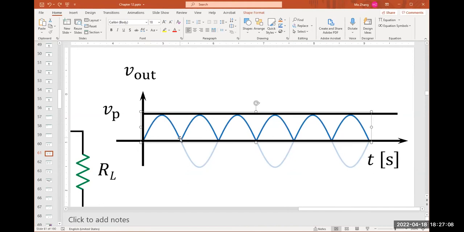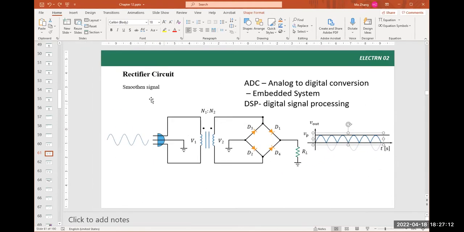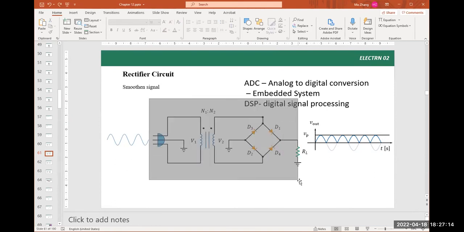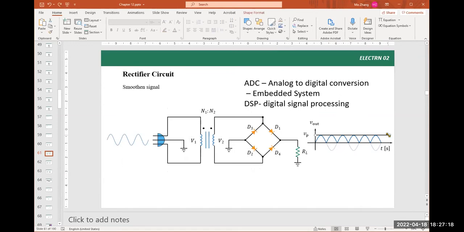It goes up to 0, goes up. So this is what this circuit does. However, our expected output is this horizontal line, right? These bumpers, the small hills waveform and the horizontal line, they are different.